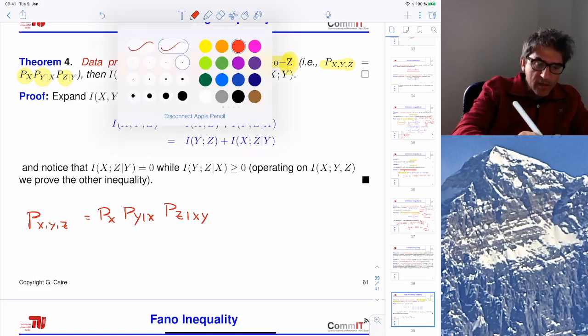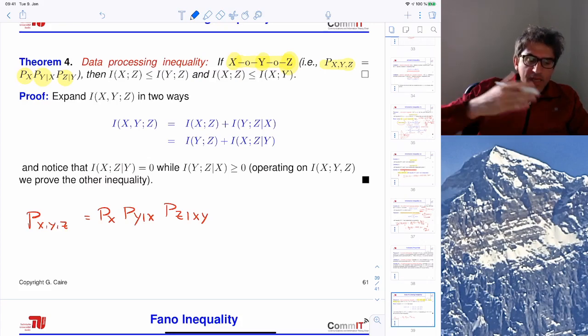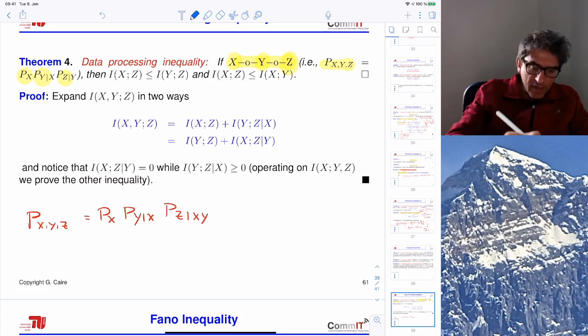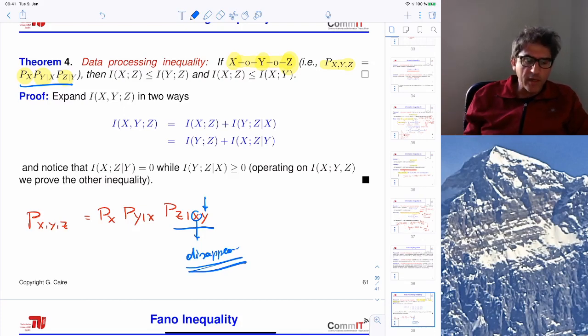But as a special case, we have the Markov chain. When these variables X, Y, Z form a Markov chain in this order, then the conditioning is always just on the immediate previous variable. Here, for example, when you condition Z on Y, the conditioning on X disappears. So this is a special property. Not all three random variables form a Markov chain.